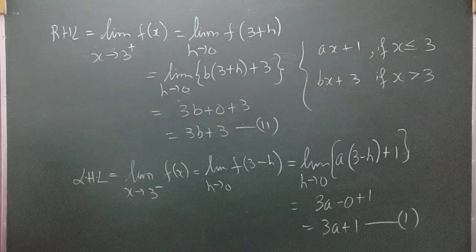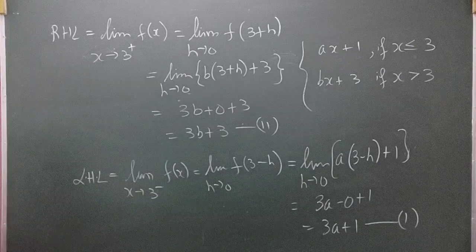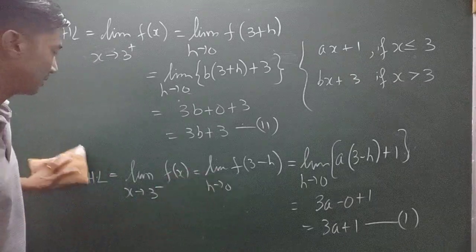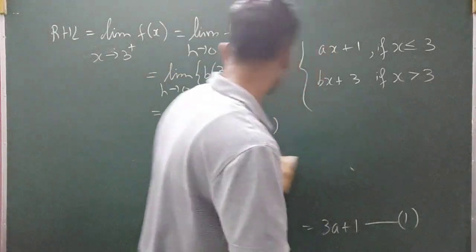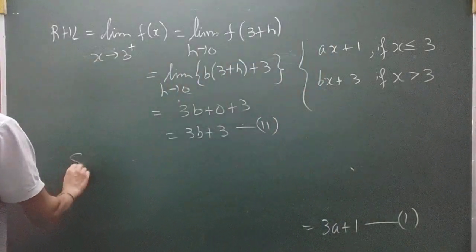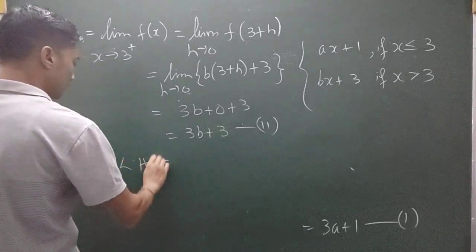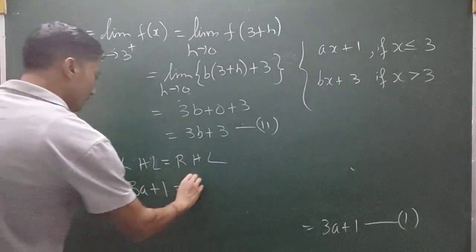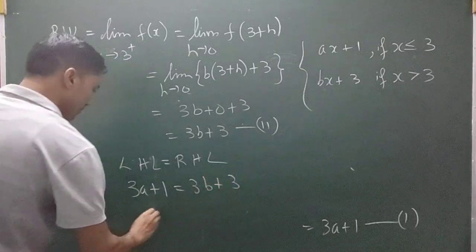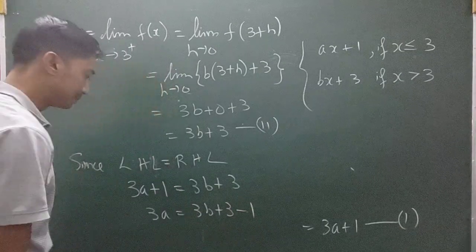So what the question says is you just have to find a relationship between A and B. I don't think we will need the value of the function at x equal to 3 because we just need the relation only. I've already mentioned it at the beginning, since left hand limit is equal to right hand limit, what can we have? 3a plus 1 is equal to 3b plus 3. So 3a equal to 3b plus 3 minus 1.